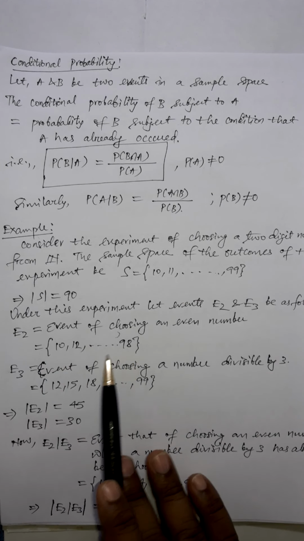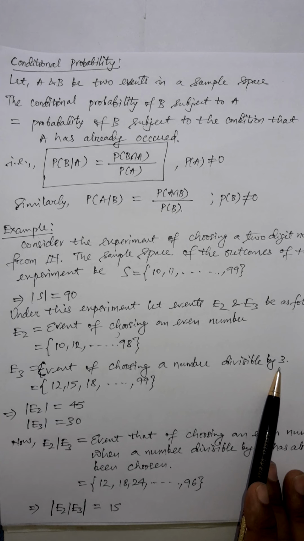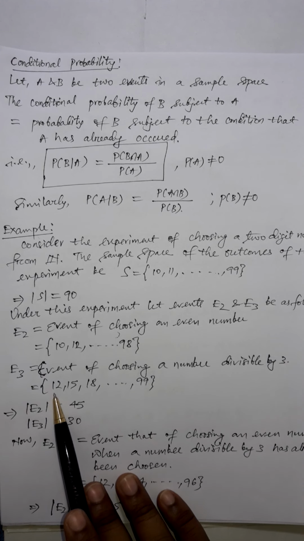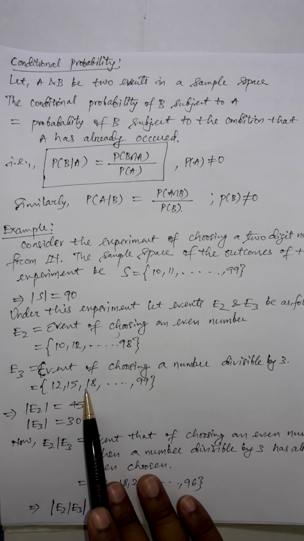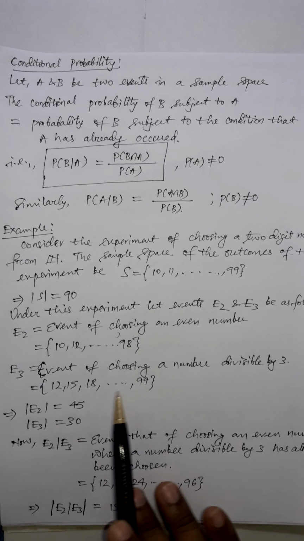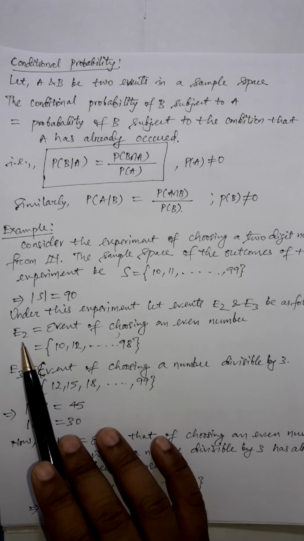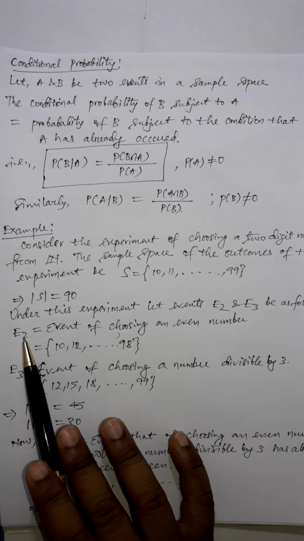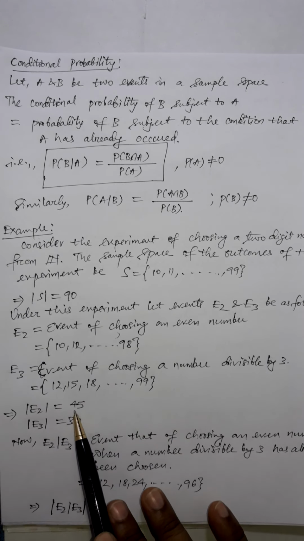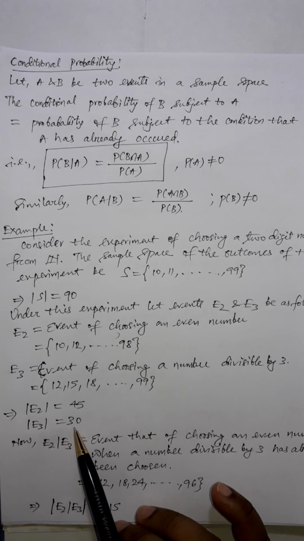And say E3 is the event of choosing a number which is divisible by 3, so definitely it will contain two-digit numbers like 12, 15 onwards up to 99. Now if we count, we'll see the number of elements in E2 is 45, and the number of elements in E3 is equal to 30.